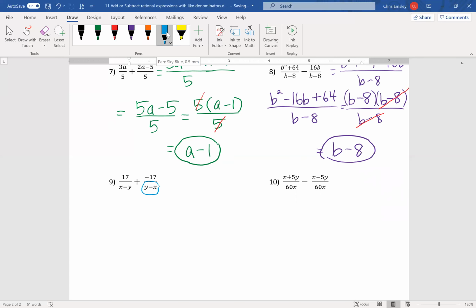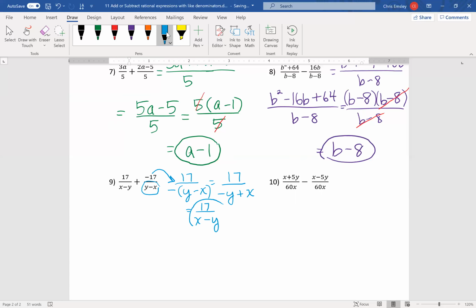So what I'm going to do is take this fraction, and rather than having the negative on the top, because that negative can go anywhere on the fraction, I'm going to write it on the bottom. And then I'm going to distribute it. And then I'm going to rewrite those two bottom terms in a different order, the positive x and then the minus y.